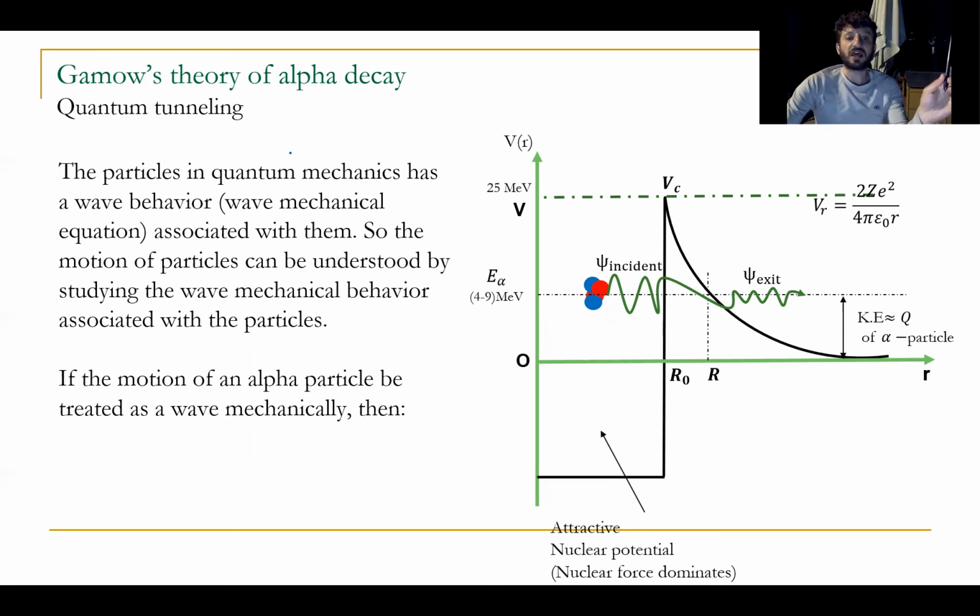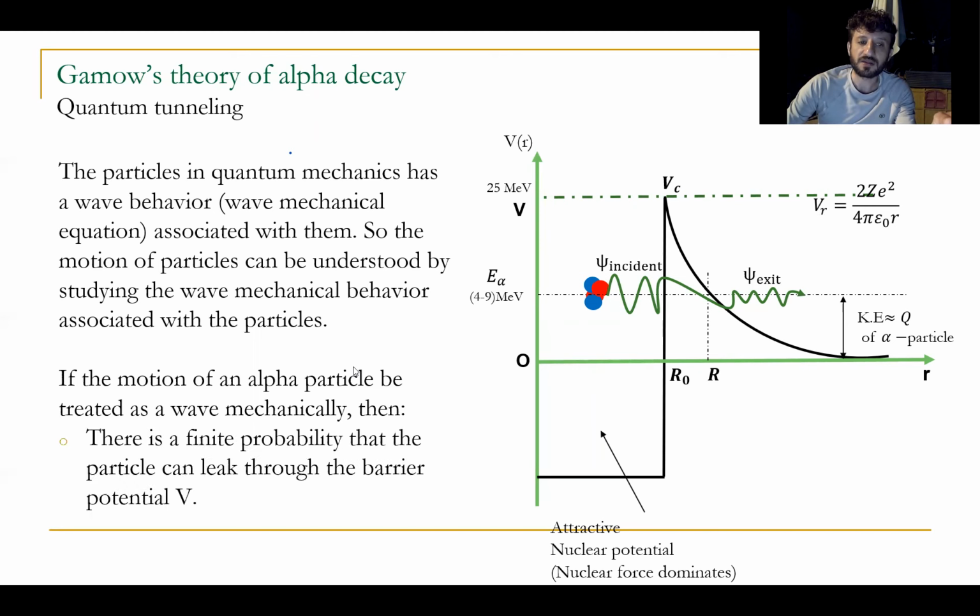If the motion of an alpha particle is treated wave mechanically, then we have a finite probability that the particle can leak through the potential barrier V. Initially we have phi incident, the incident wave mechanical equation on the barrier, and here we have an attenuation of this wave, and it comes out with another wave function, phi exit.